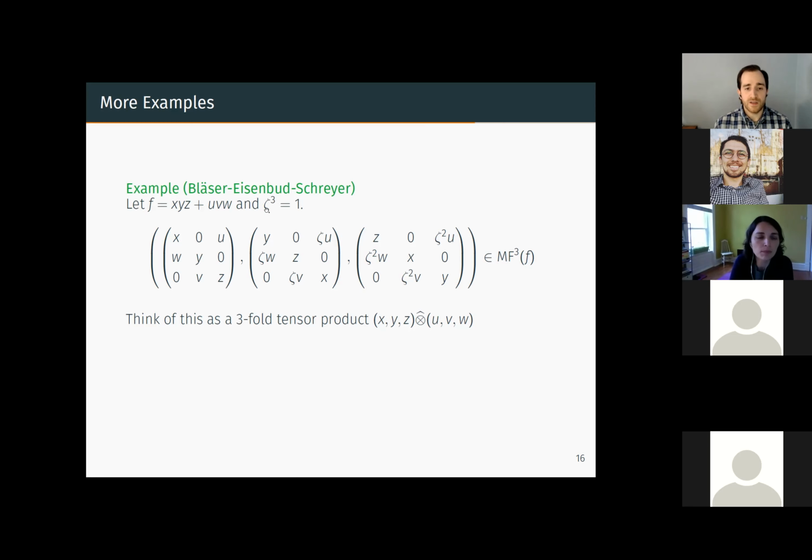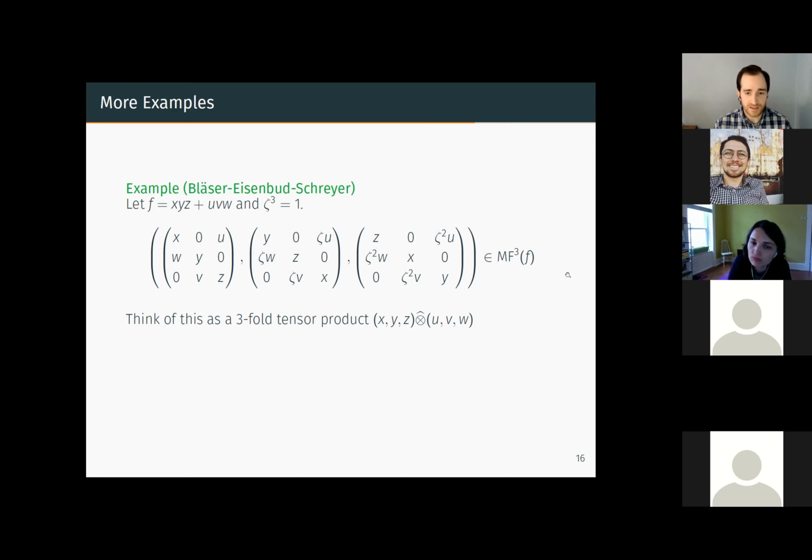And here is zeta, which is going to be a primitive third root of unity. So if you carefully place the primitive third root of unity and permute all the diagonals in just the right way, you get a matrix factorization of this sum xyz plus uvw, which I'm calling f. And this is really neat.